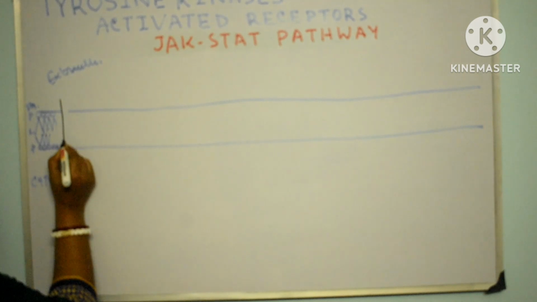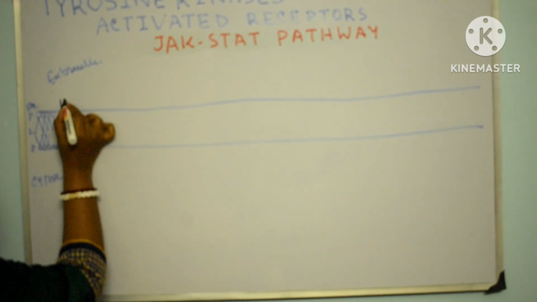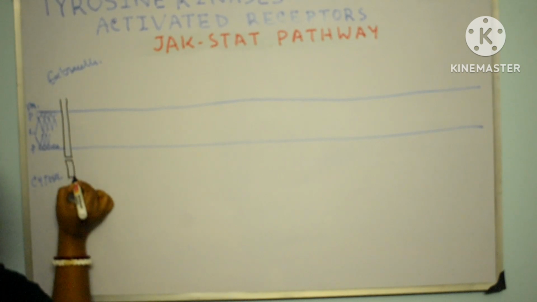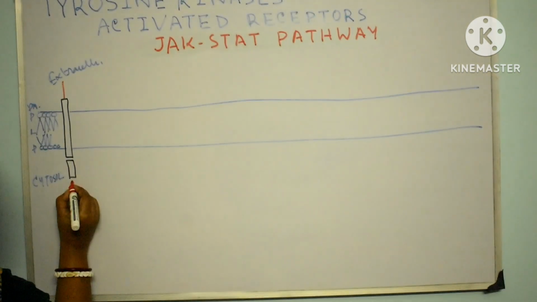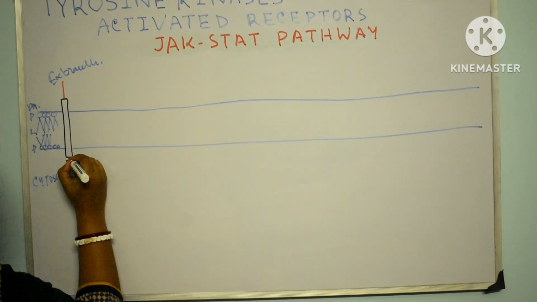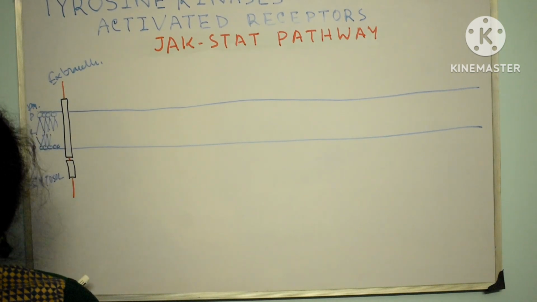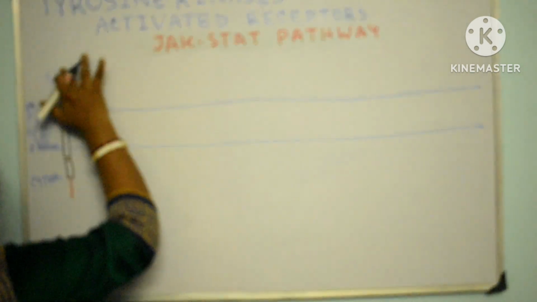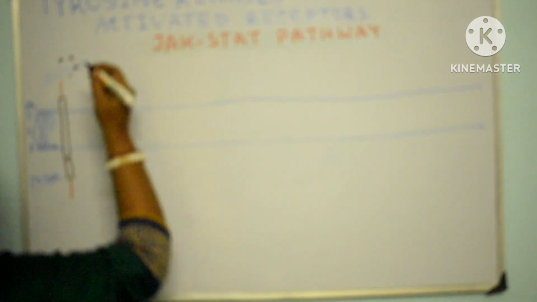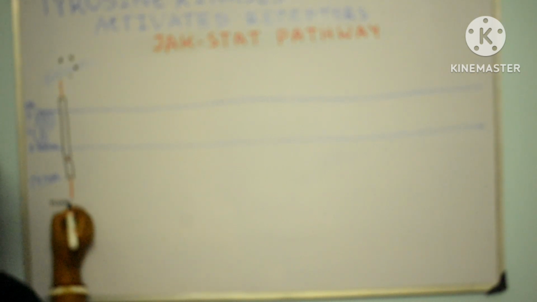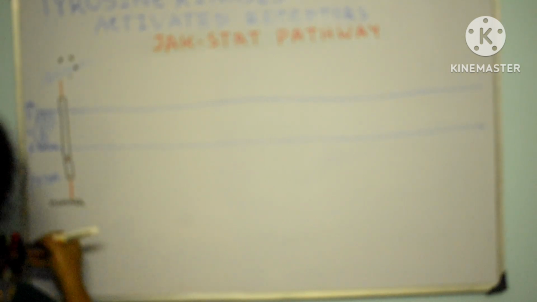Now let's draw the monomer prior to ligand binding. Ligand binding domain, cytosolic domain. Clear? And the ligand is coming from this extracellular environment. Ligand not attached. This is the normal monomer condition. After that, what happens?